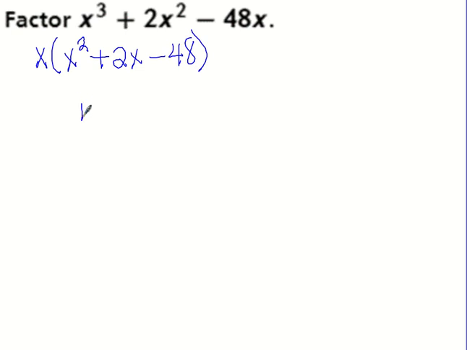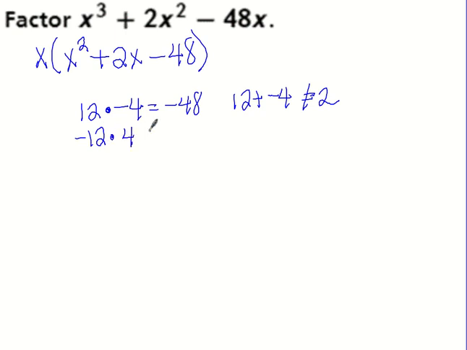I know that 12 times negative 4 gets me negative 48, but 12 plus negative 4 does not equal 2. Okay, so that doesn't work. I could always switch it. Negative 12 times positive 4 is negative 48, but still doesn't work. Negative 12 plus 4 is not 2.